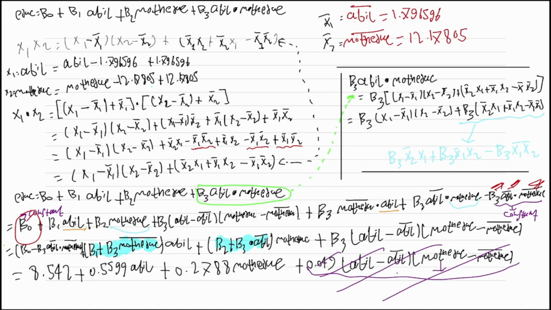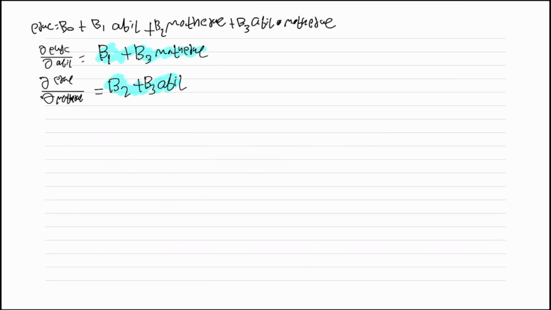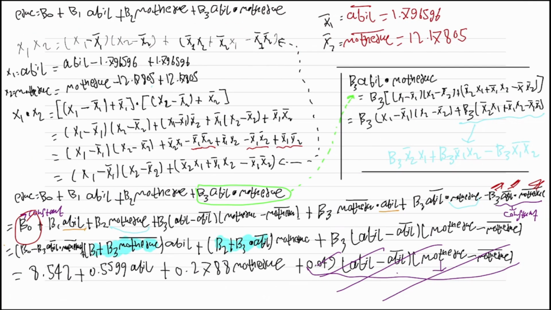And to get this coefficient without doing all these steps, you can just take the partial derivative and substitute the average of ability here, and beta 2, beta 3, because remember beta 2, beta 3 here is the same as this one.